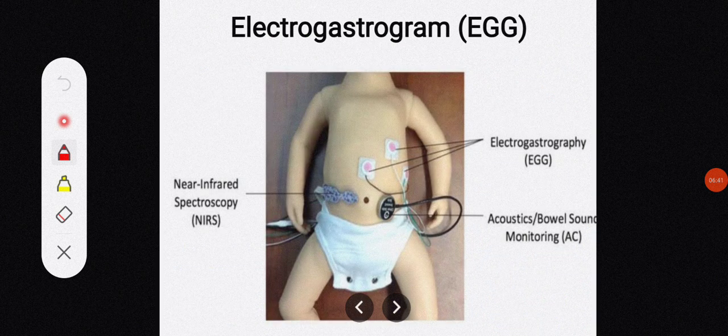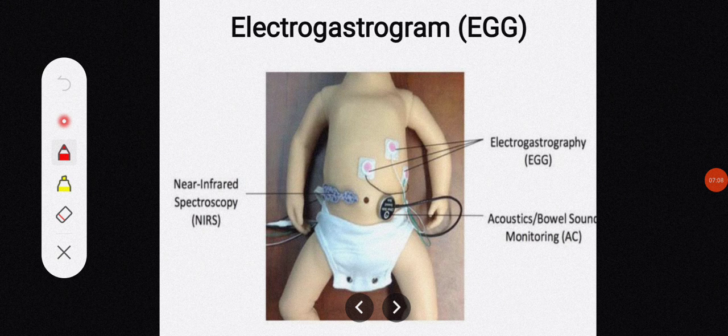And the last one that I am going to discuss is electrogastrogram. So the electrogastrogram is basically this pattern, this waveform, or this recording. It is associated with the peristaltic movement of the gastrointestinal tract. Now you might be wondering, what is peristaltic movement?